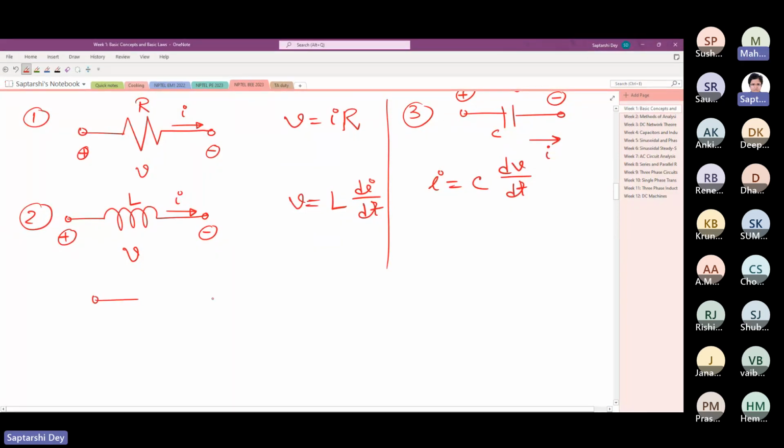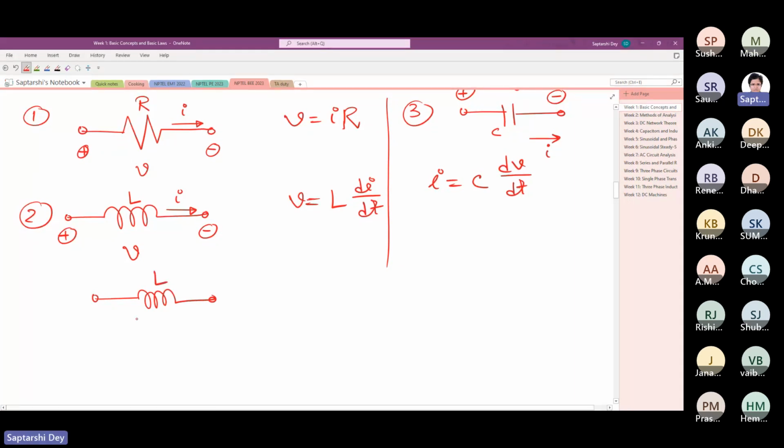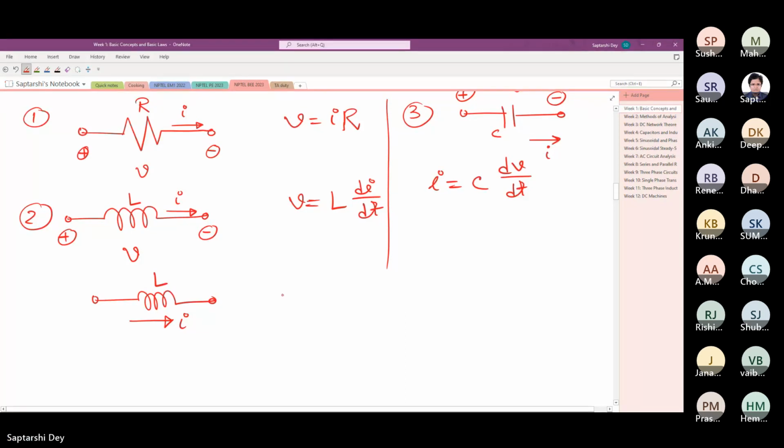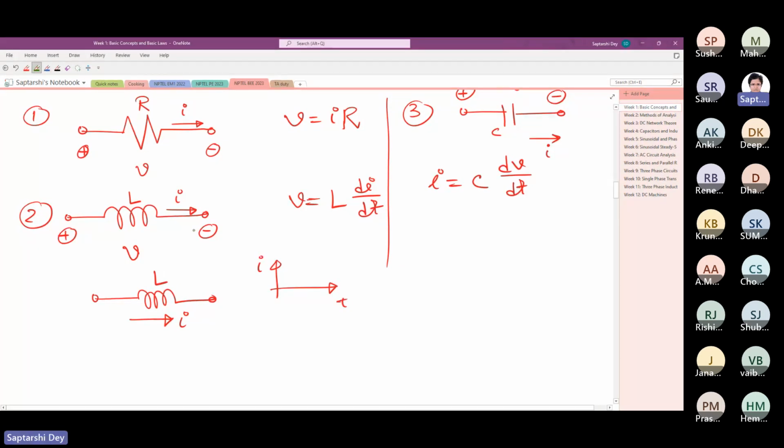So say I have an inductor L and some current I is flowing here. Now say this current is an increasing current. If the current is increasing, what is happening? The flux in the inductor is increasing. True. So if the flux is increasing, then the inductor will try to stop the increment of flux, Lenz's law.